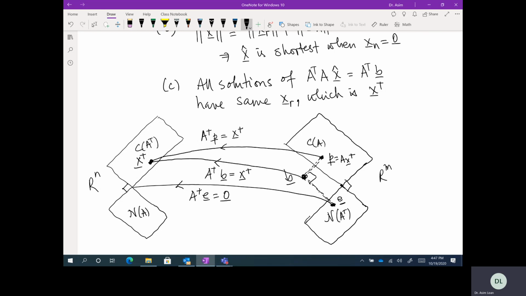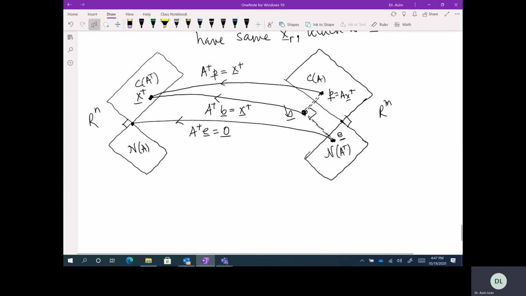This goes in the null space. This goes to the origin actually, over here. So what I'm trying to say is, this is the origin here too.